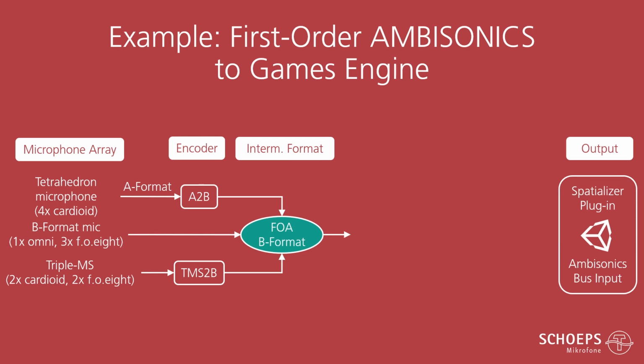So you could also have that Spatializer with an Ambisonics bus input, like here on the right side. Then it'll be a little bit different because then you can just route the B format directly to the Spatializer plugin. So you might say now, where are the virtual speakers here? They're also there, but they're more hidden.